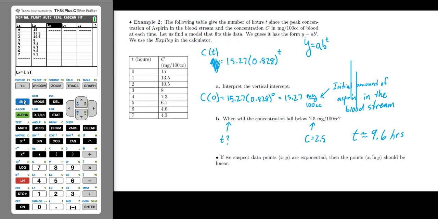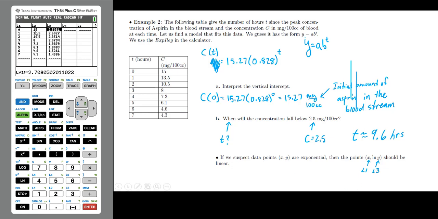So that would be the natural log of list 2. Okay, so I'm taking all these y's and taking the natural log of them. And if I do that with the title highlighted, it'll automatically fill them in for all the values. So if I want to plot these, then x we know is still in list 1, but the natural logs of y are in list 3.